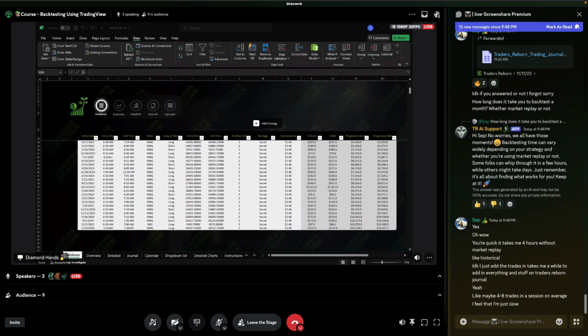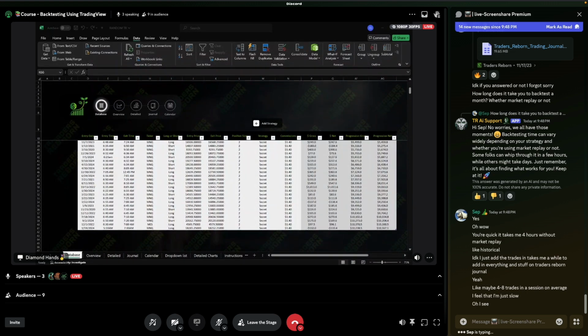Let's say you take a trade in London. Instead of waiting a whole trading day to come back to London, just do random bar. You know what I'm saying?